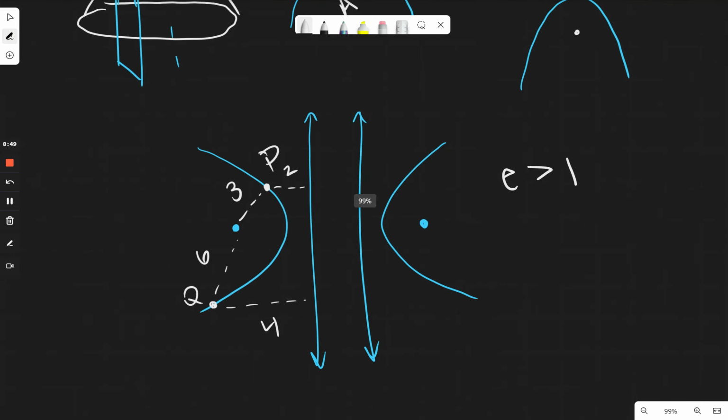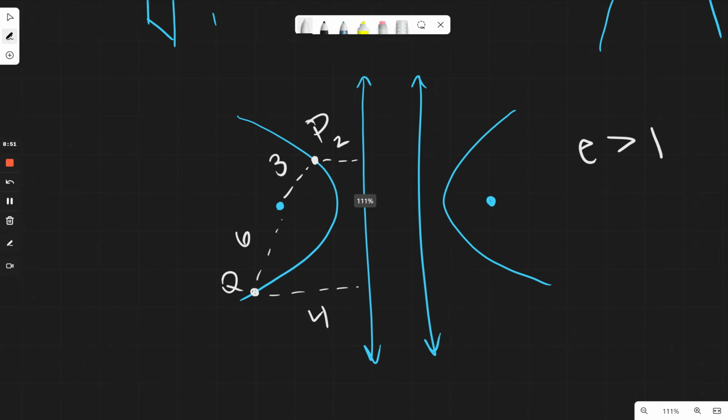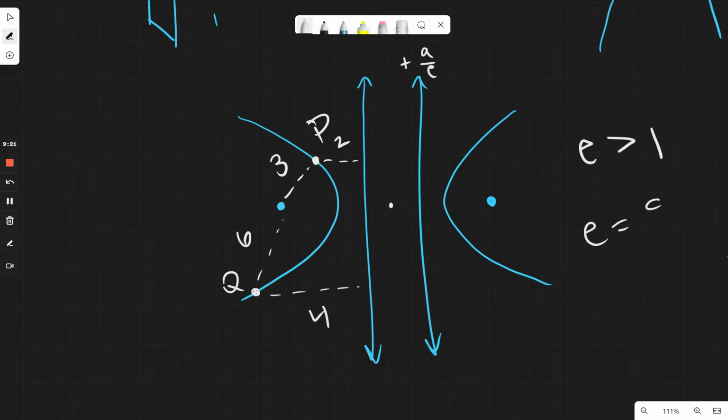But anyway, how do you find the equation of this latus rectum? Sorry, did I say latus rectum? I meant directrix. In any case, it's actually the same as how you'd find the directrix in an ellipse. So let's say this was the center. The x-coordinate in this case, because it's a horizontal hyperbola, so it's a vertical line and the x-coordinate is what shifts, would be plus a over e to the right, where eccentricity e is also equal to c over a.